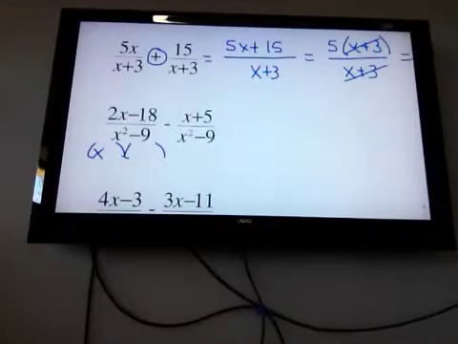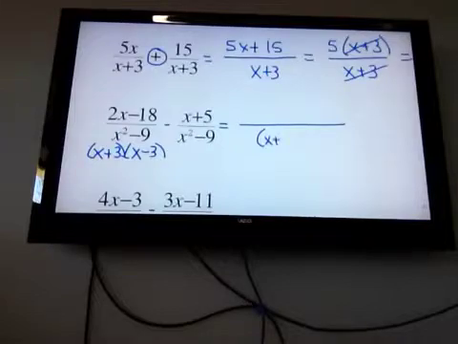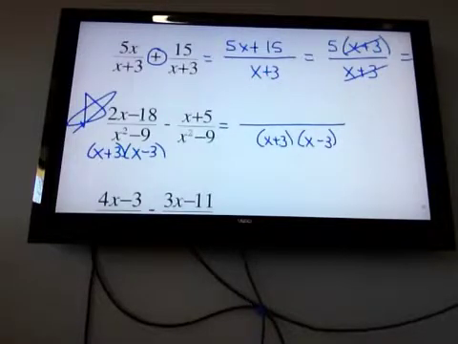So x times x, 3 times 3, plus and minus, difference of squares. They're the same denominator, so I don't have to do it twice. I am going to put a big star next to this question, because this question is commonly missed, and you'll see why in a second.